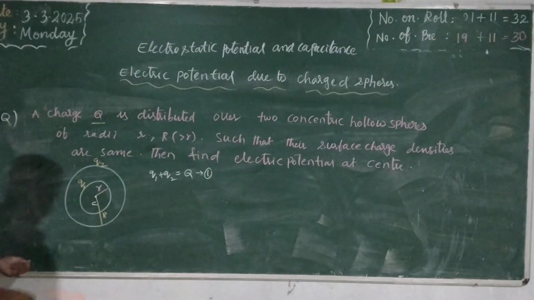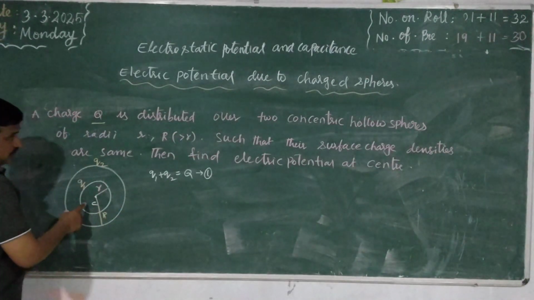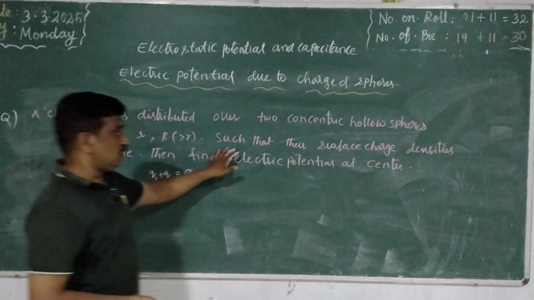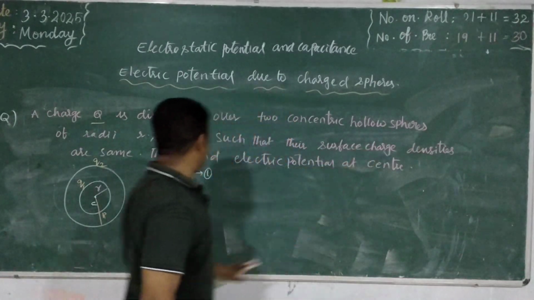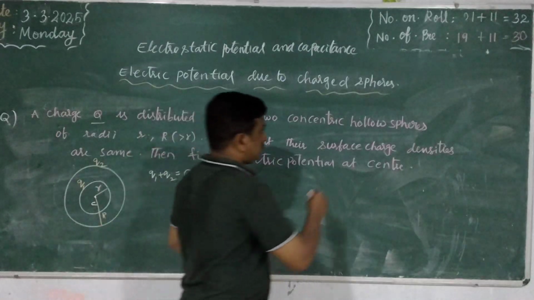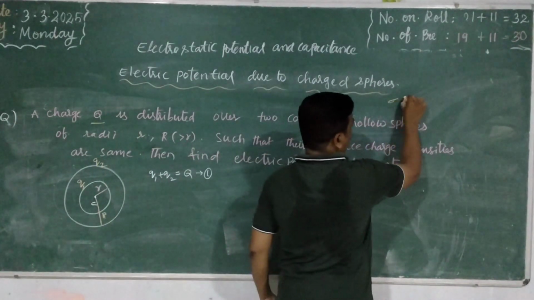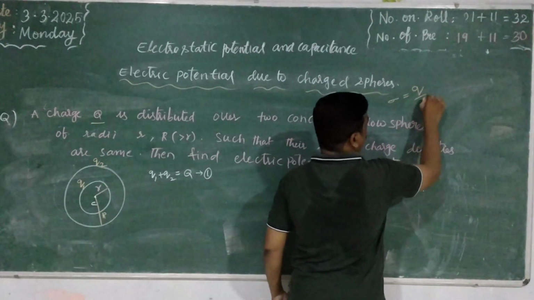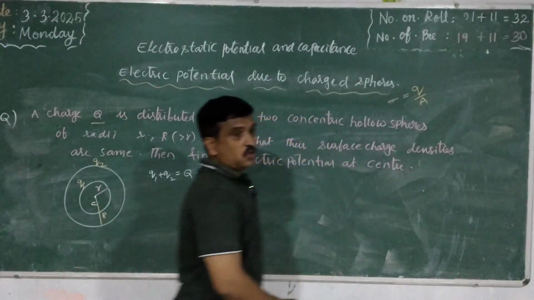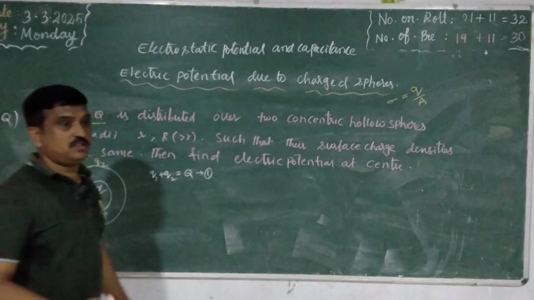Next, the condition given is that their surface charge densities are the same. Surface charge density sigma equals charge per unit area. So this is called surface charge density.